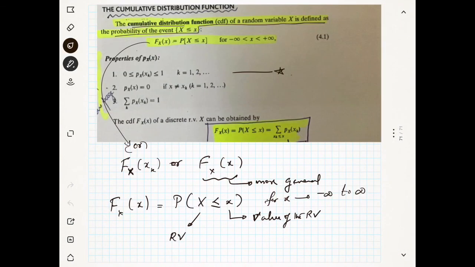So, what I want to tell you is that this cumulative distribution function is a very important concept in stochastic processes, in defining stochastic processes. The first property is that it is between 0 and 1. If the probability of x is equal to 0, then x is not an element in xk.